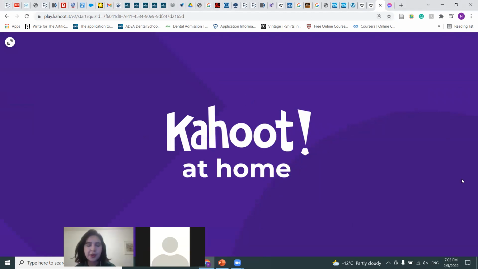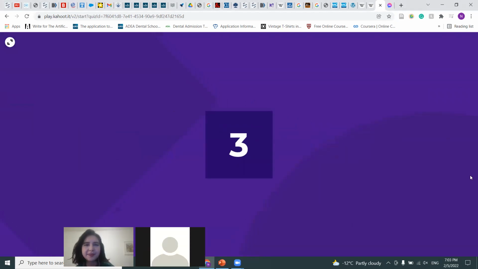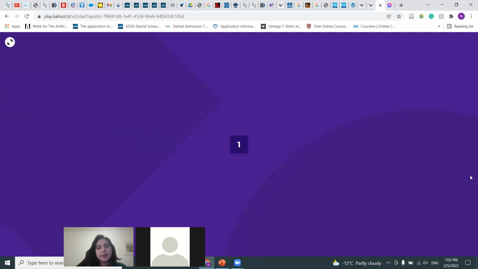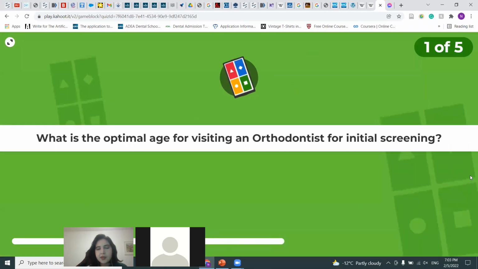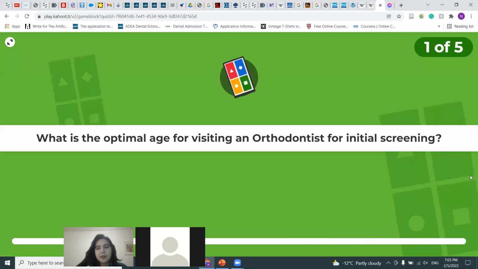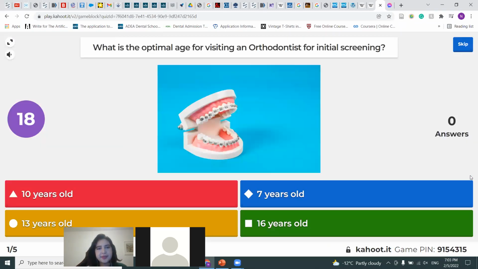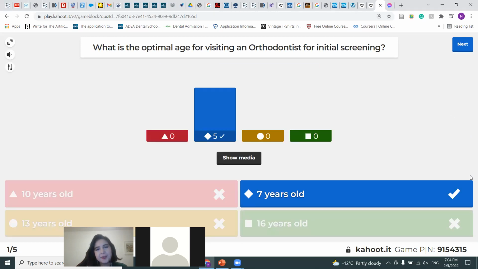What do you know about orthodontics? That's the name of the game. What is the optimal age for visiting an orthodontist for initial screening? Yay, everyone got it correctly. Good job. And the next question, are you ready?